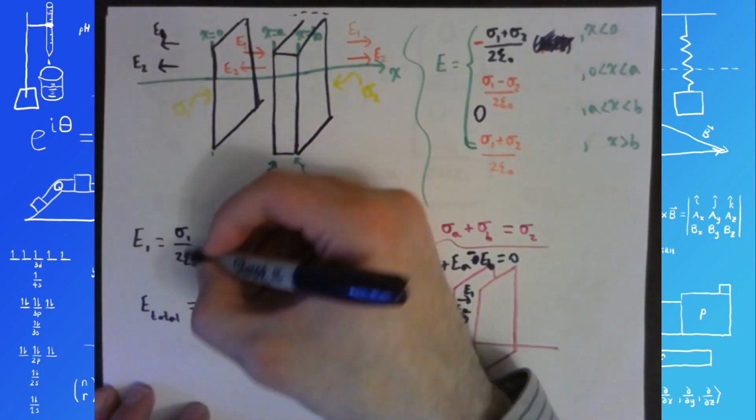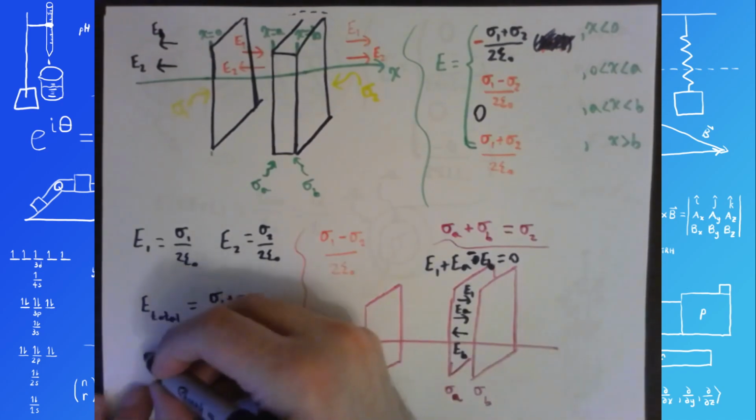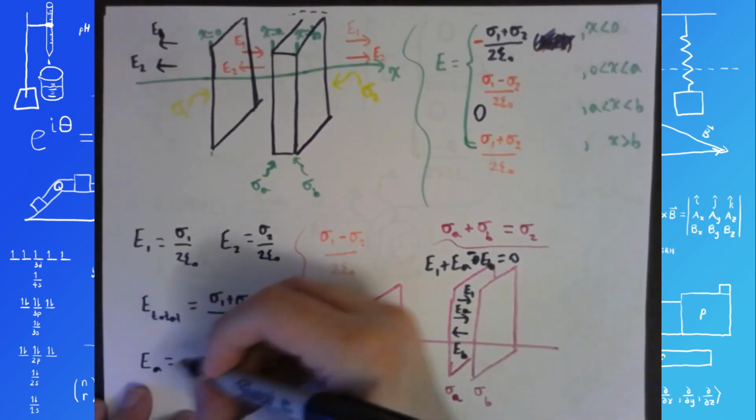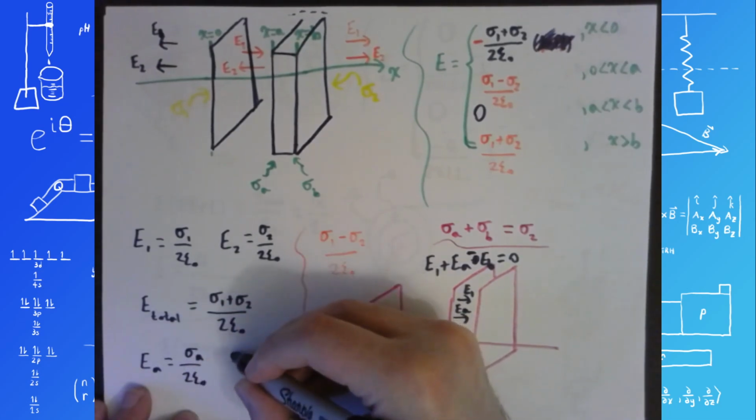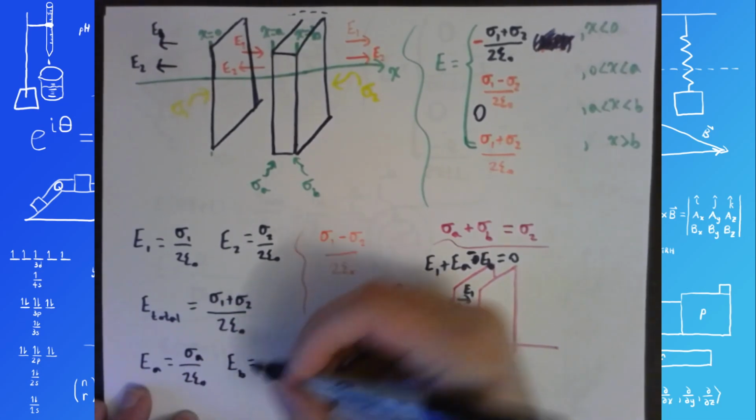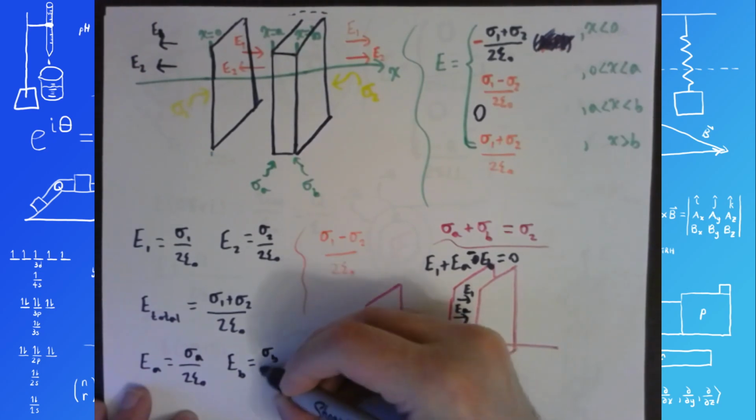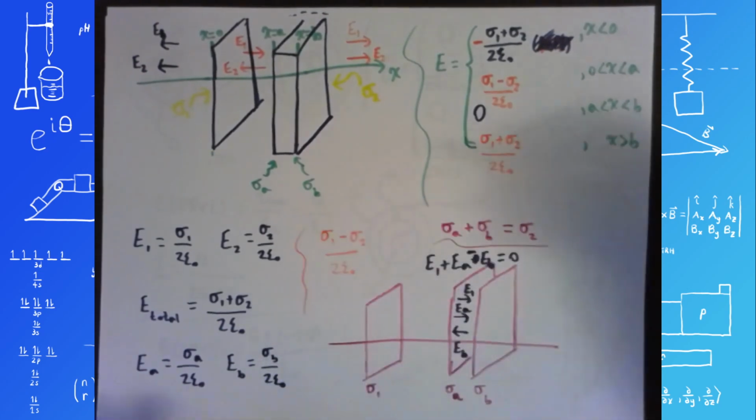E1 is sigma 1 over 2 epsilon naught. EA is simply going to be sigma A over 2 epsilon naught. And EB is going to have a magnitude of sigma B over 2 epsilon naught.